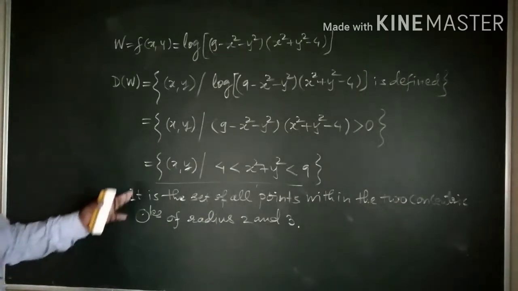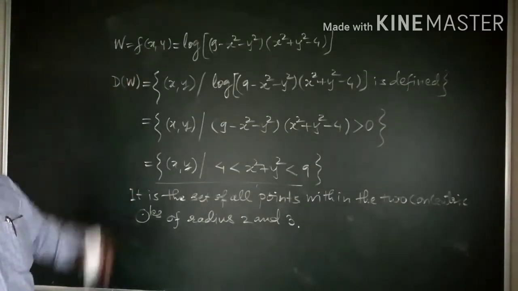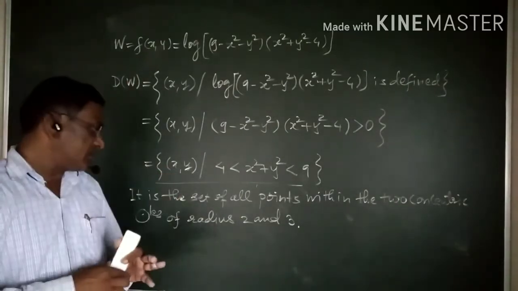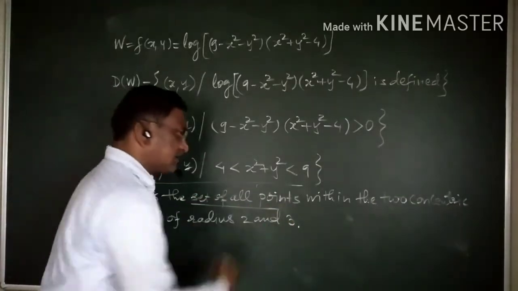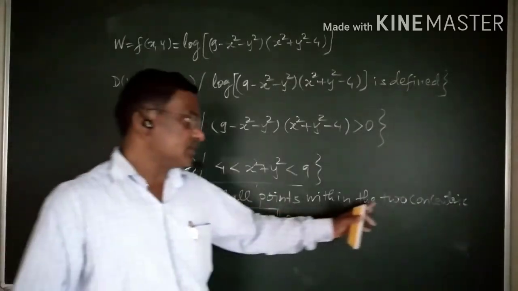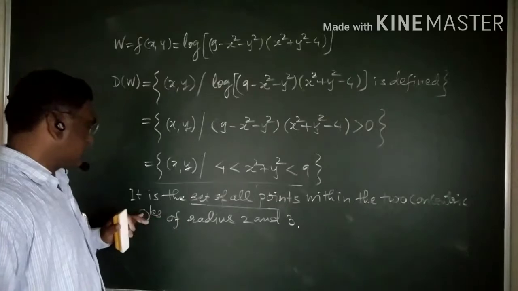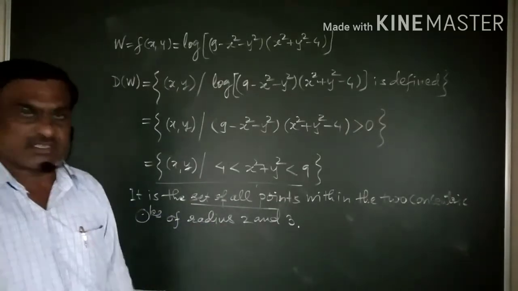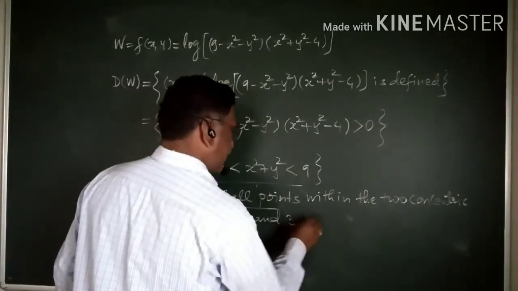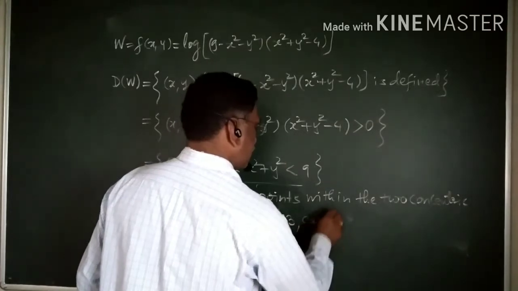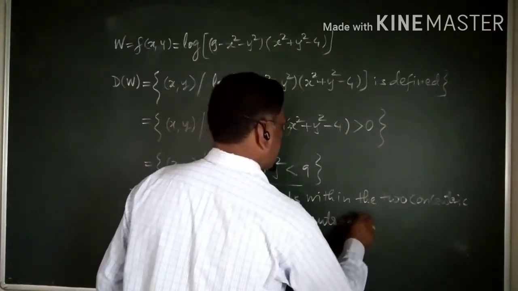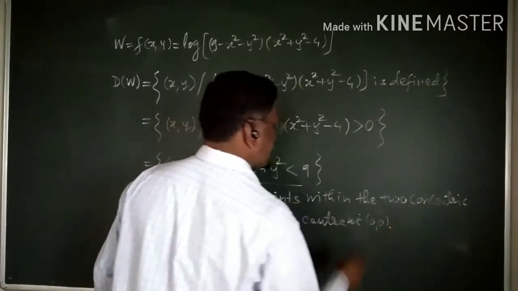It gives me the domain of the given function W: the set of all points within the two concentric circles of radius 2 and 3, with center at the origin (0, 0).